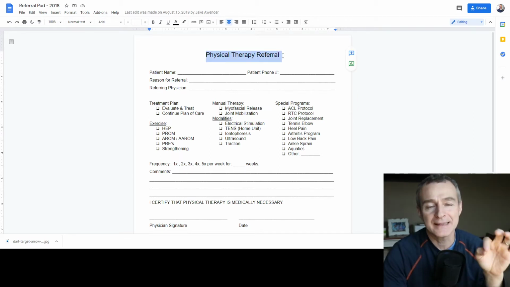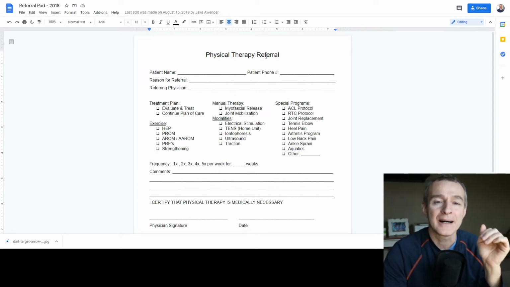Now the reality is, in most of the 50 states, you do not need a referral to complete an initial evaluation. So whether it's PT, OT, SLP, it doesn't matter too much what it says on the referral.